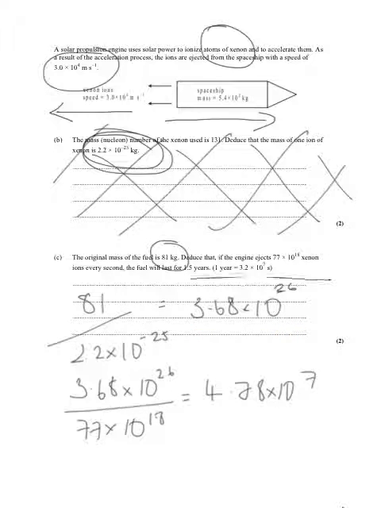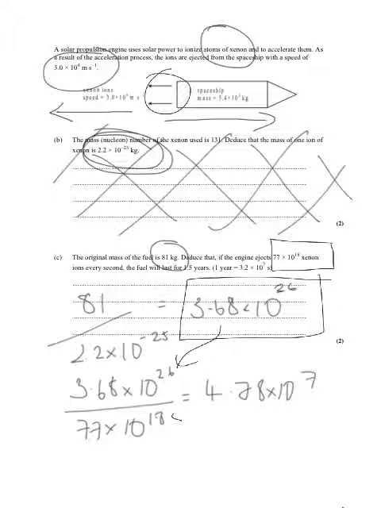As you can see, you've got 3.68 times 10 to the 26 in total. Now, if every second 7.7 times 10 to the 18 xenon ions are leaving, then if you divide this by 7.7 times 10 to the 18, you will get 7.78 times 10 to the 7.